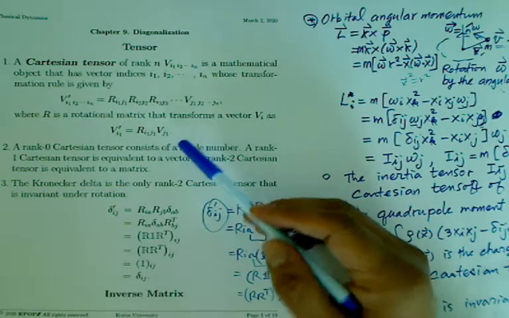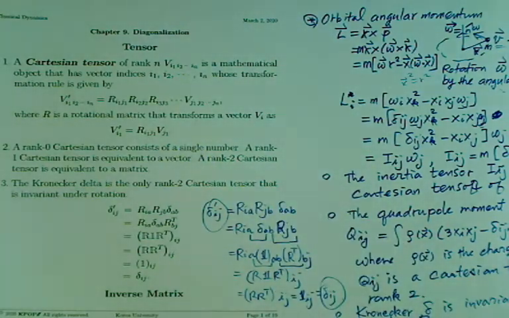So the vector is a Cartesian tensor of rank 1, and we have an object without a vector index that is called the scalar. The scalar is a Cartesian tensor of rank 0.